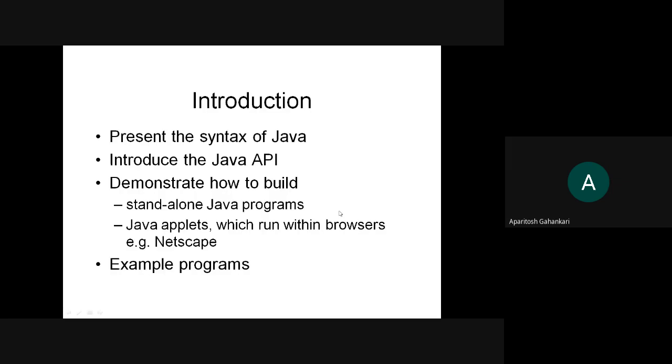Okay, so core Java. Here we are going to see how the syntax of Java works. As you must be knowing the syntax of C and C++, there is a basic difference between these languages, C, C++, and Java.